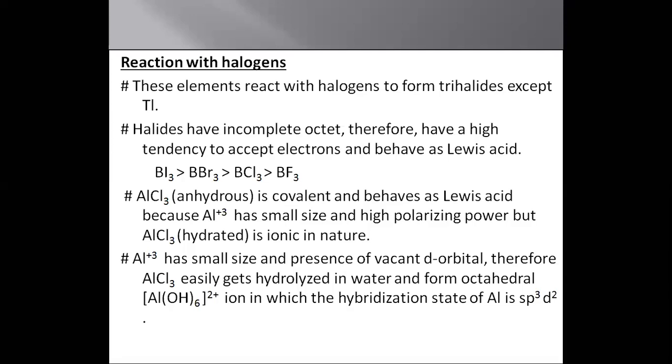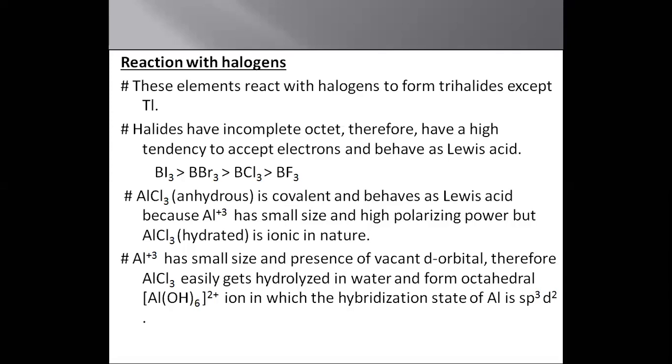The next very important point about aluminium ions is that the size of aluminium is small and it has vacant d orbitals, which are not available with boron. Boron, even though it has a smaller size compared to aluminium, does not have d orbitals. But aluminium, along with its small size, has vacant d orbitals.